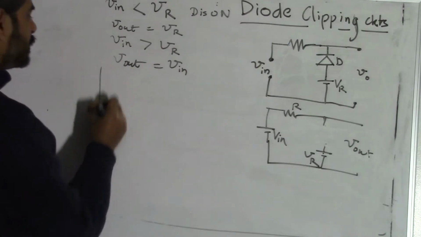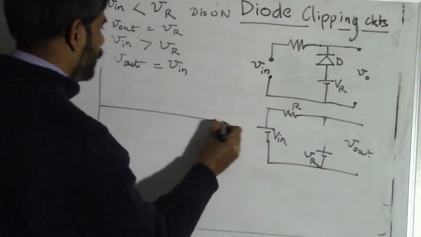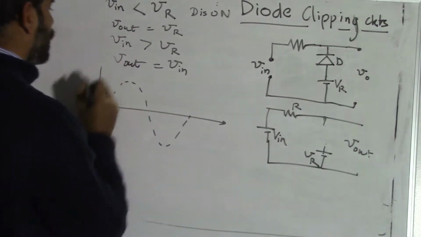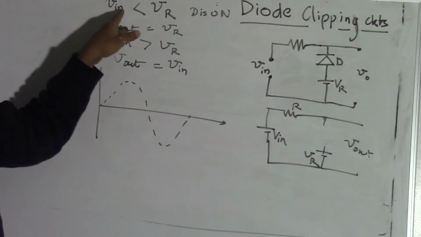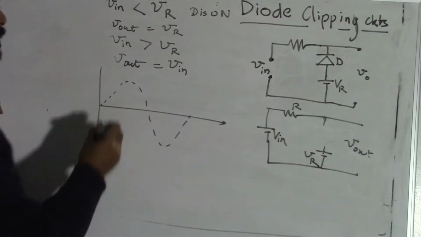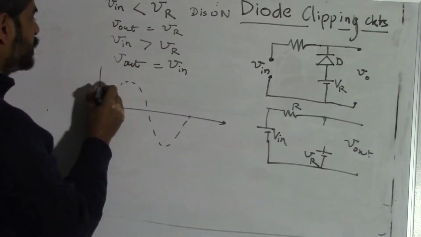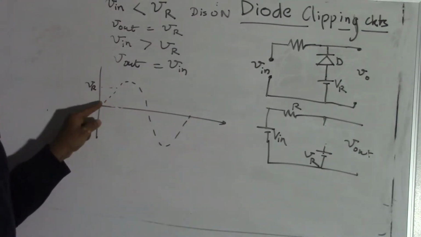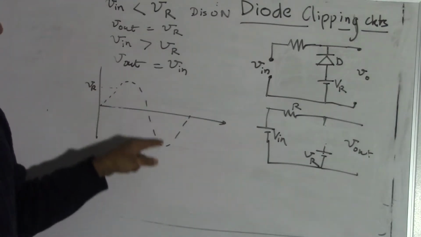If you want to plot this curve, let's say this is our input voltage. When V in is less than VR, this is our VR, and our input voltage is less than VR, meaning it is here or here.